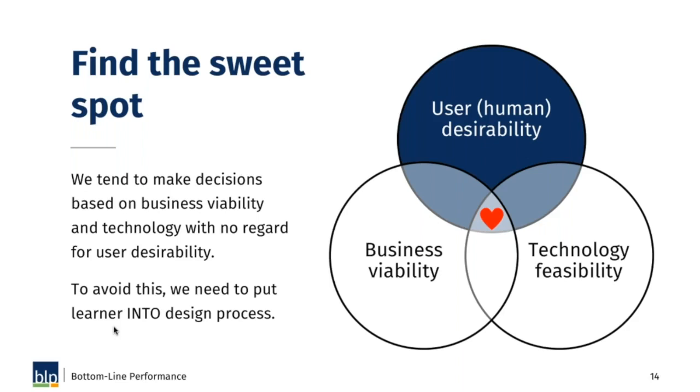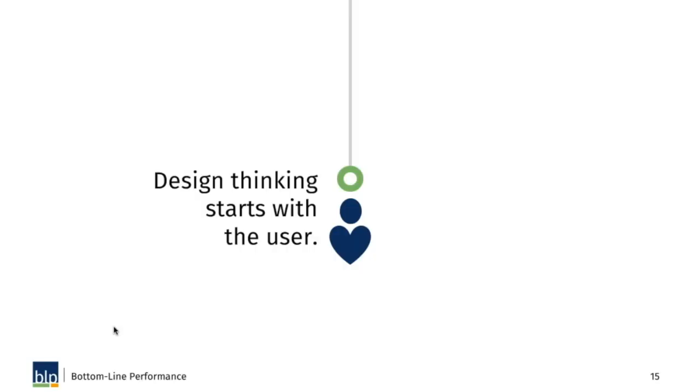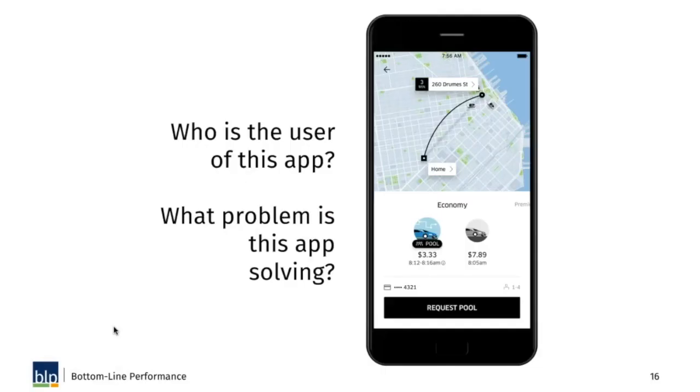We tend to make our decisions based on business viability and the technology we have without thinking about user desirability or user realities. So to avoid that, we can put the learner into the design process and adopt what we call that design thinking mentality. Design thinking starts with the user, or in our case, the learner, rather than including them as an afterthought.